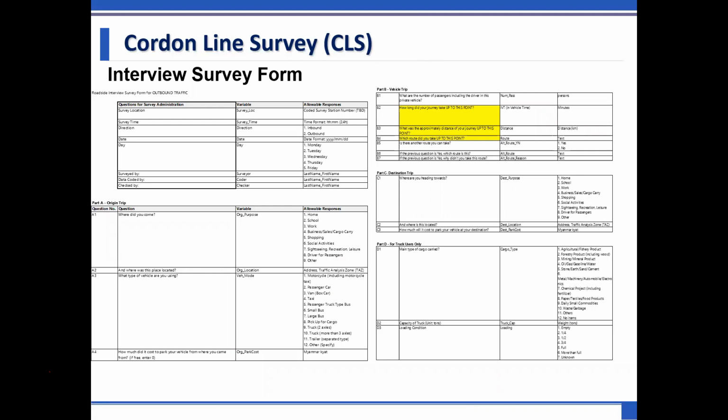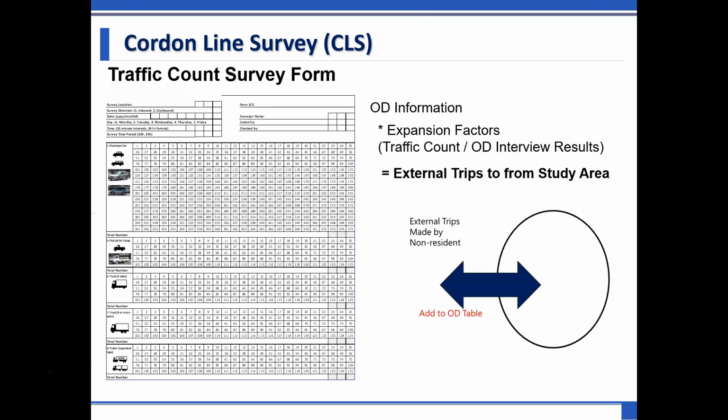This page shows the form of the OD interview survey. Origin, vehicle type, travel cost, the number of passengers, and the travel path and destination are collected. And for freight traffic, the cargo type and loading conditions are also collected. Of course, the number of traffic by vehicle type is also collected.